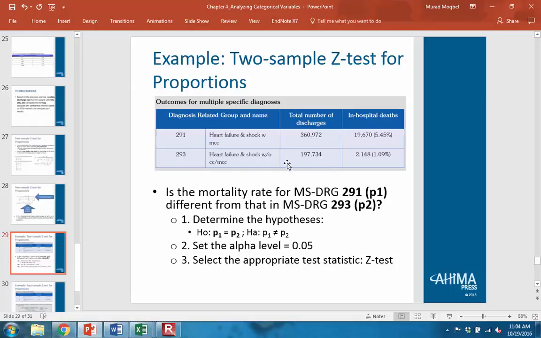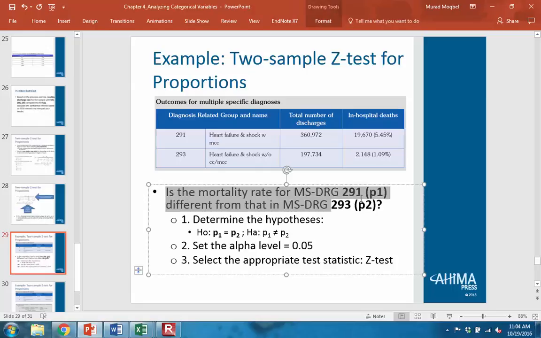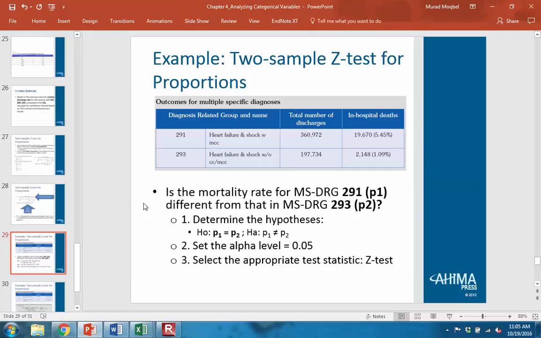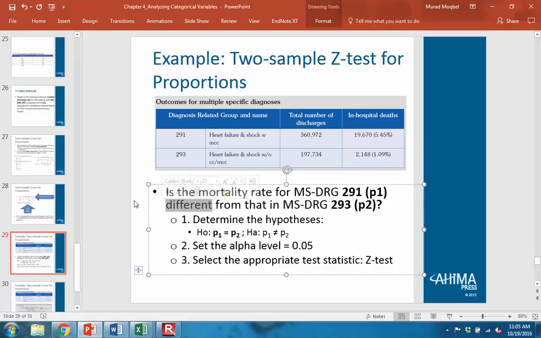Now we will just need to test, and by looking at the question first, we will be able to answer this scenario. Here it is asking us, is the mortality rate for DRG 291, which is this one, different from that in DRG 293? Here the keyword is different. So is it one-sided or two-sided?